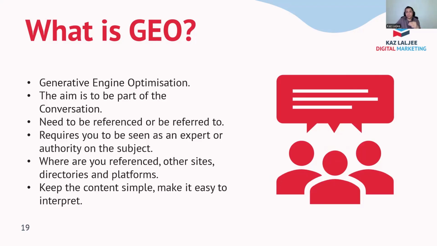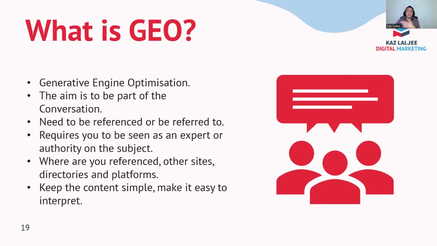So in the information that ChatGPT or an AI provider gives, how do you be part of that conversation? Generative engine optimization is being part of the sources that ChatGPT would use. Usually you get the information and it does quote some sources, and you can click on the sources.